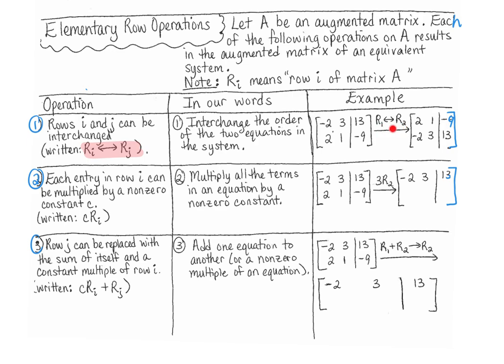This notation says what? You got it. This says interchange row 1 and row 2, or R1 and R2. So what was row 1 here now becomes row 2 here. What was row 2 here now becomes row 1.